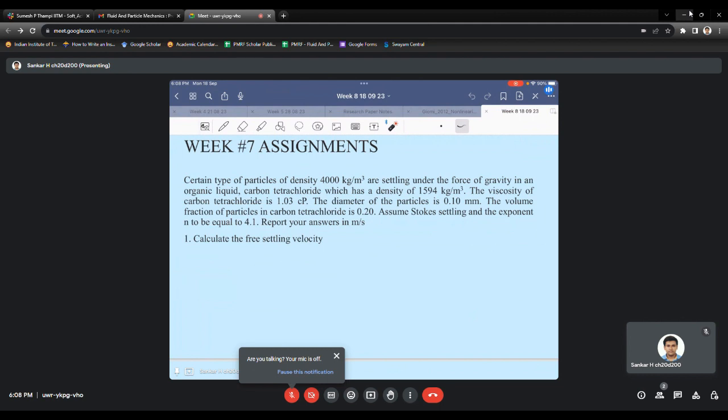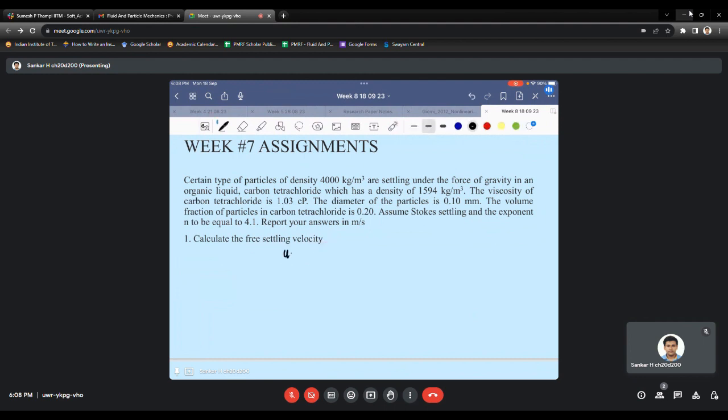So it's just a very straightforward question where the particles are given, the density is given, and they have been told that it is settling under the force of gravity. Stokes settling regime is given, and we just have to calculate the free settling velocity.